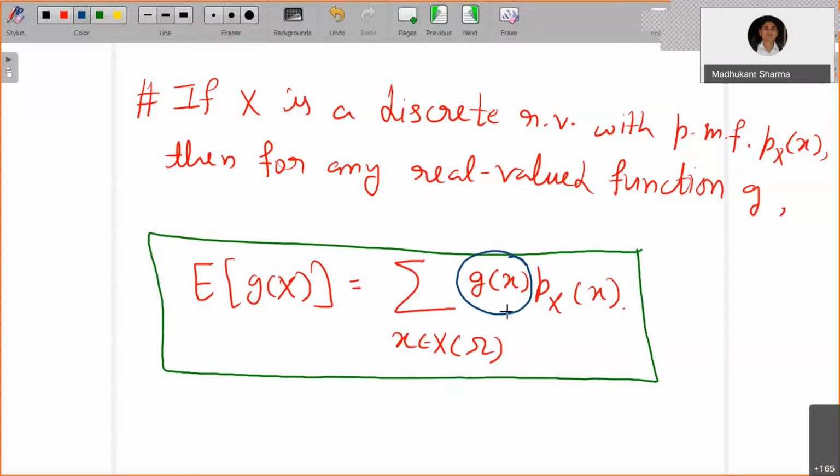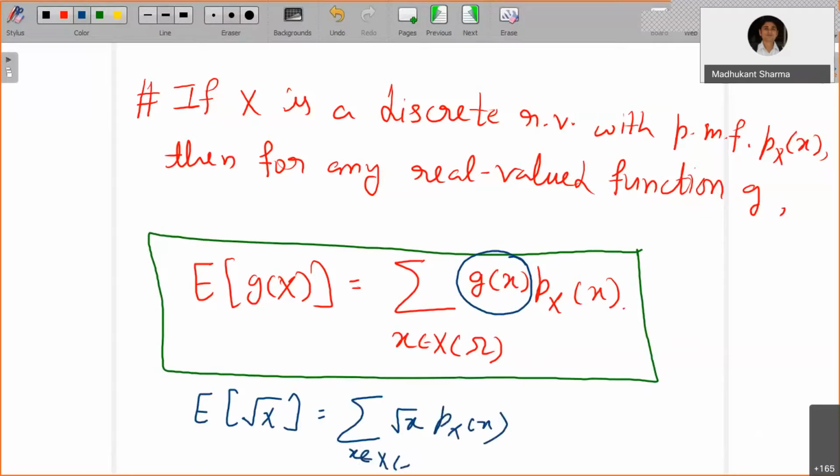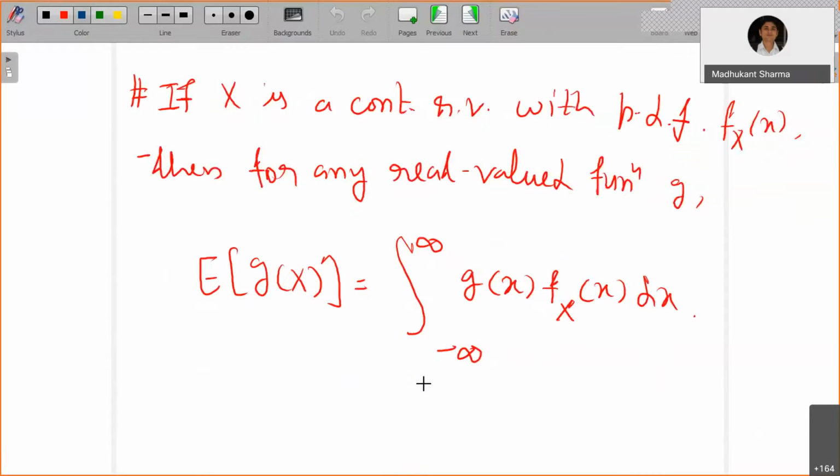So you can talk about the expectation of the square root of the random variable x, which is the summation of square root of x times p_X of x. Obviously, here it is assumed that small x assumes only non-negative values. You can extend this into the continuous case as well: the integral from minus infinity to infinity of g of x times f_X of x.